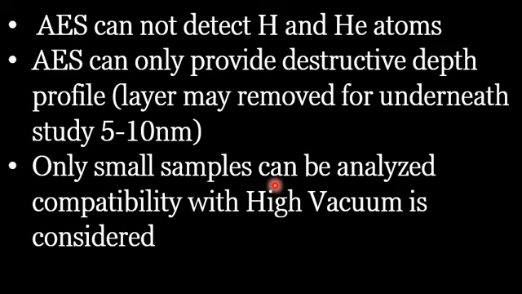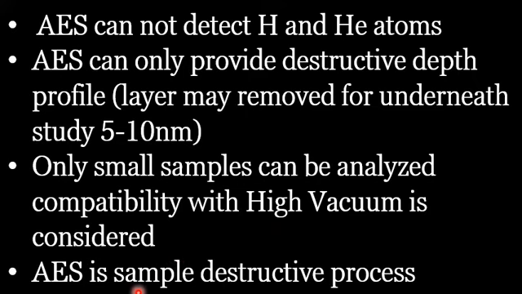Secondly, you have to check whether the material you want to analyze is compatible with a high vacuum environment or not. So sample compatibility as well as high vacuum compatibility are also limitations of Auger electron spectroscopy. They must be considered.